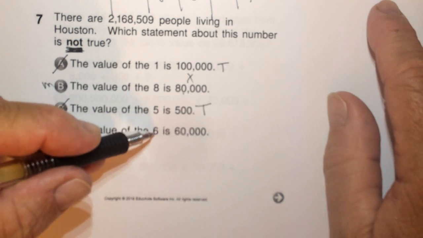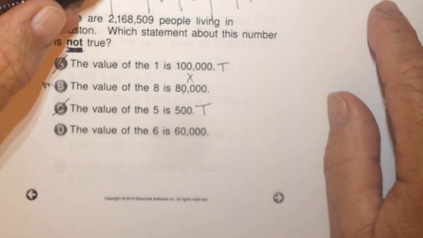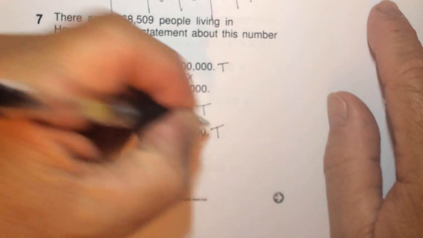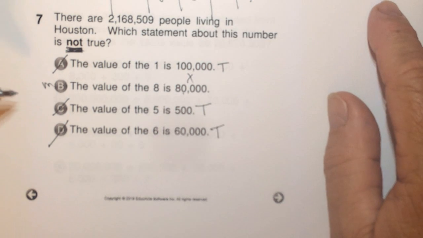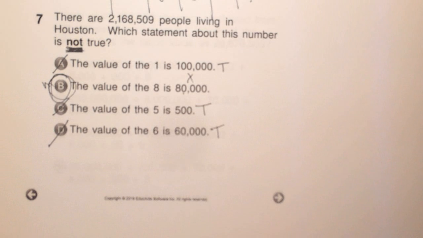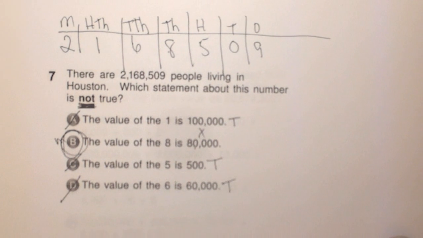The value of the 6 is 60,000. The 6 is in the 10,000s place, so it is 60,000 value. That's true. It's not what we're looking for. We wanted the false one, so that is B. Again, just make the students do the place value charts. It will help make everything make sense.